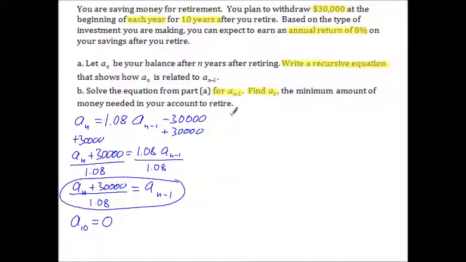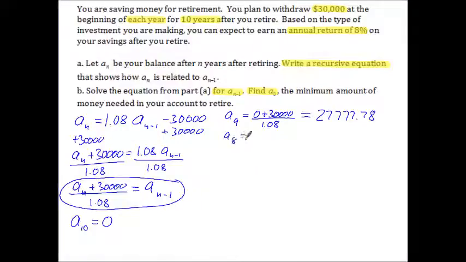So then A sub 9 is equal to 0 plus 30,000 divided by 1.08, and that is equal to $27,777.78. Now we're going to use the amount for A sub 9 to find A sub 8.